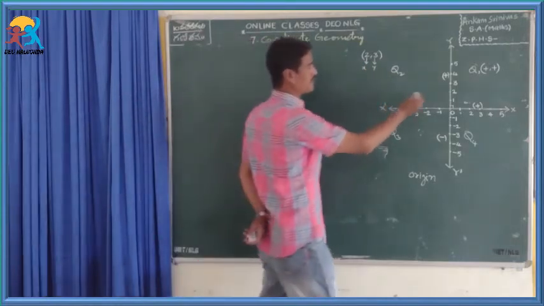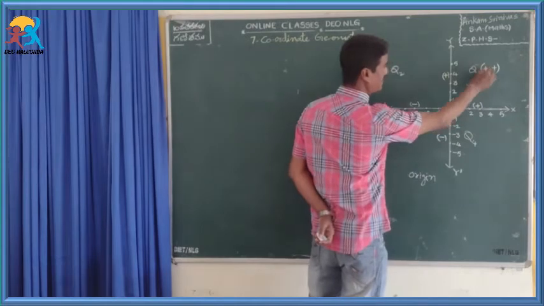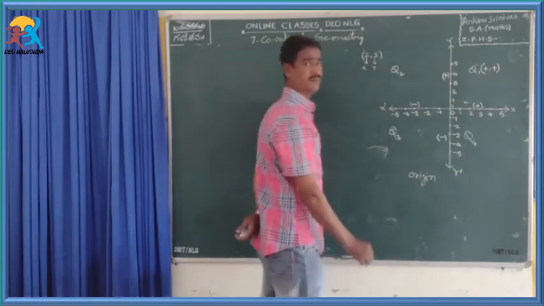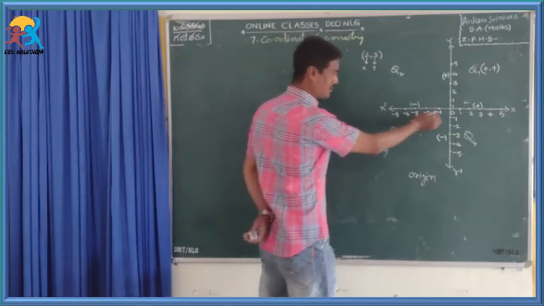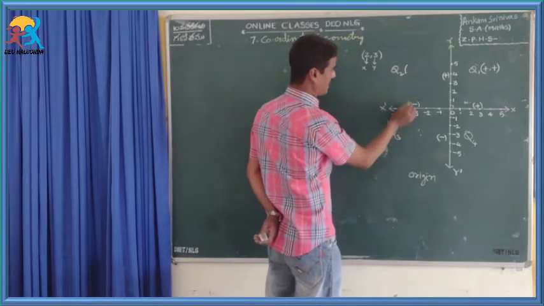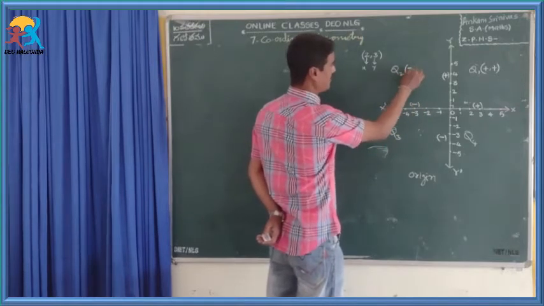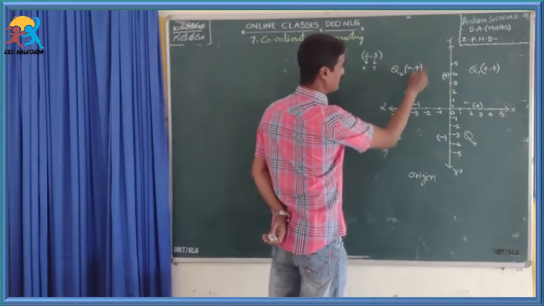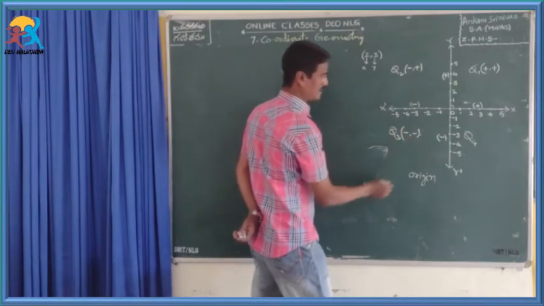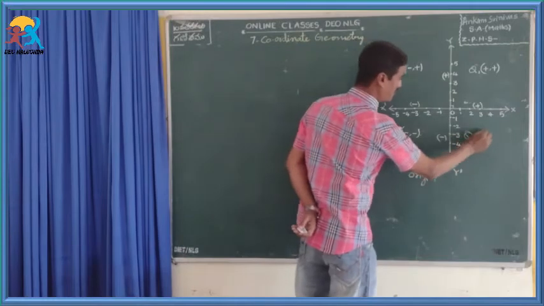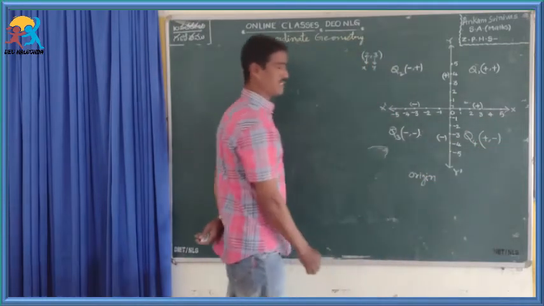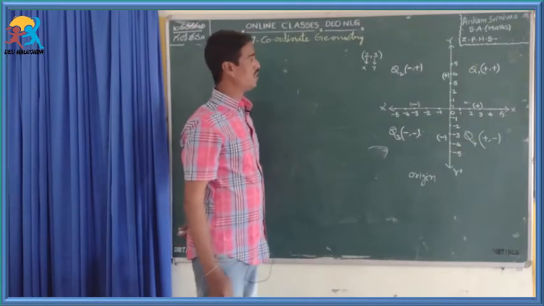In the first quadrant, the sign of the x coordinate is plus and the y coordinate is plus. Similarly, in the second quadrant, the x sign is minus and the y sign is plus. In quadrant 3, minus comma minus, and in quadrant 4, positive and negative. This is the sign of the coordinates.